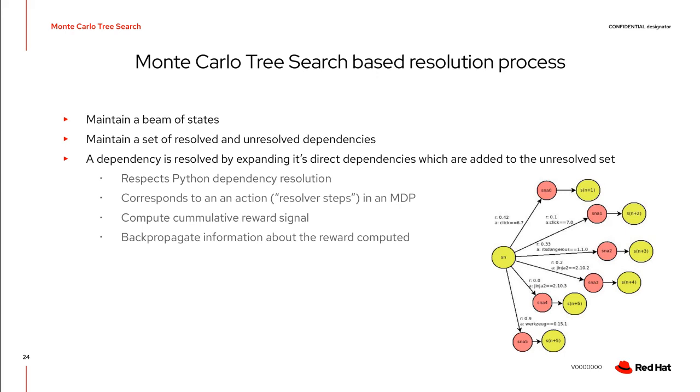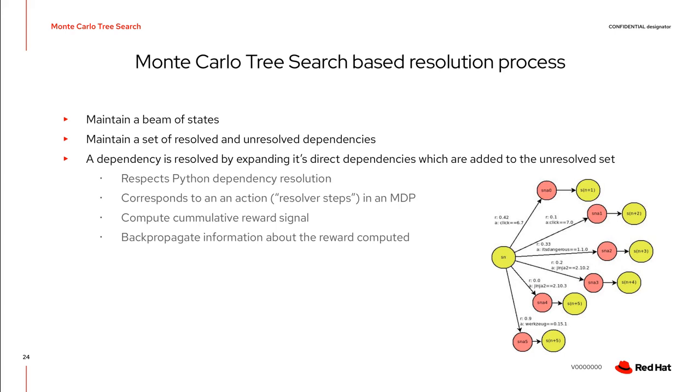So the whole Markov decision process is basically resolving the dependency graph. This resolution respects the Python dependency specification as stated before, and there are actions that are done.